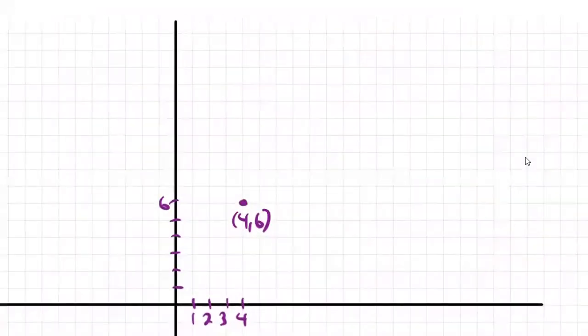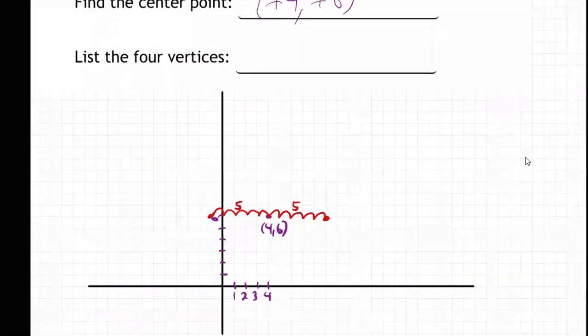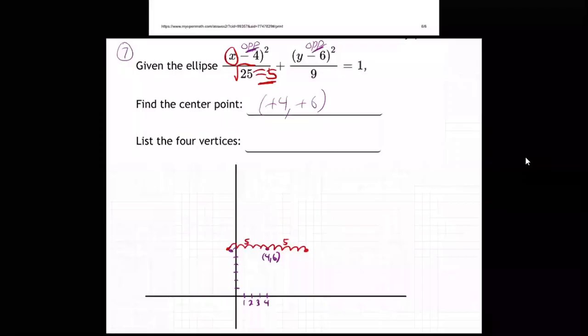So from this center, I go 1, 2, 3, 4, 5. There's one edge, 5 to the right, and 1, 2, 3, 4, 5 right here, 5 to the left. Does that make sense? Because that's what's underneath X. Square root of 25 is 5. That means right and left 5 from the center.